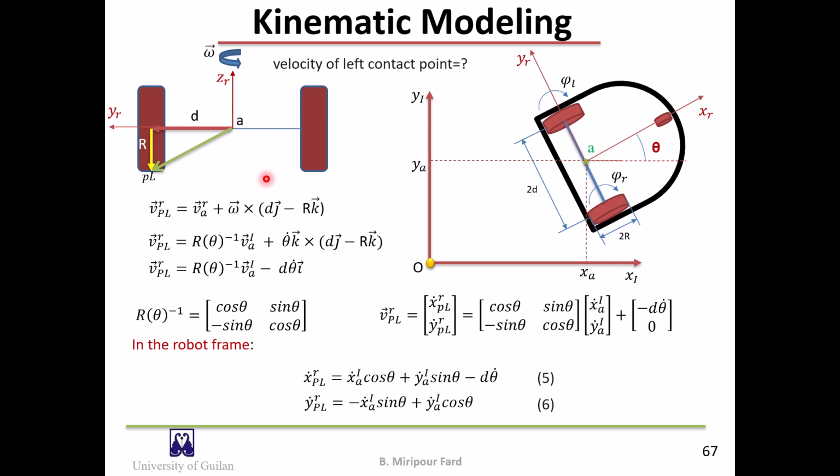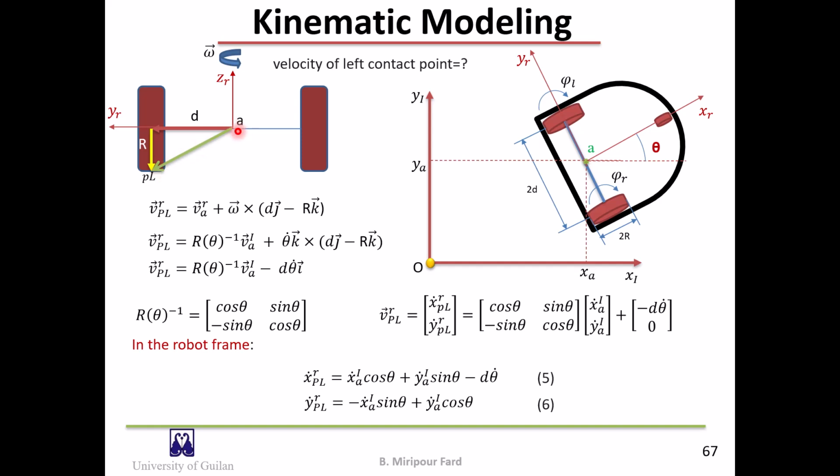In the figure on the left, you can see the back view of the robot. The point of contact of the left wheel with the ground is indicated by PL. Now, suppose we connect a line segment from the center of the robot to PL, which is the permanent point of contact with the ground.